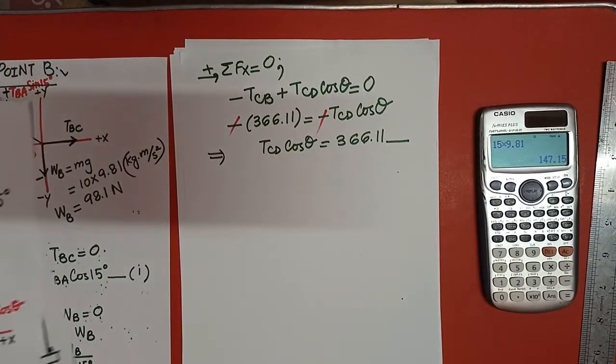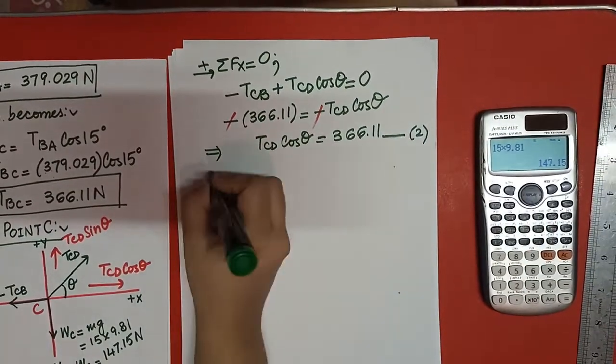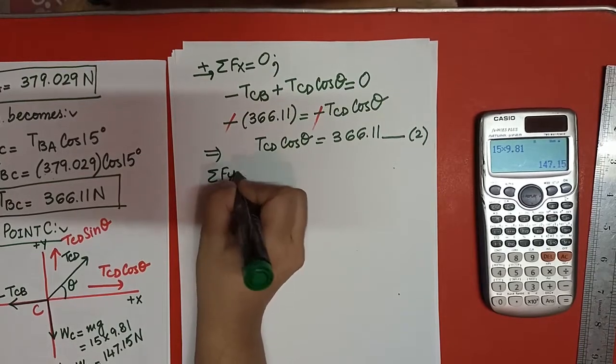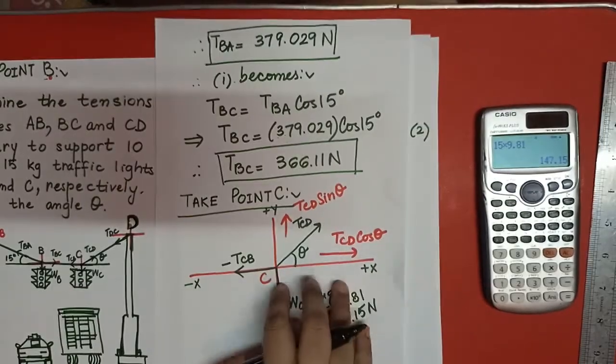Next I have to sum up all the vertical forces equal to 0, and how many vertical forces are acting at point C?